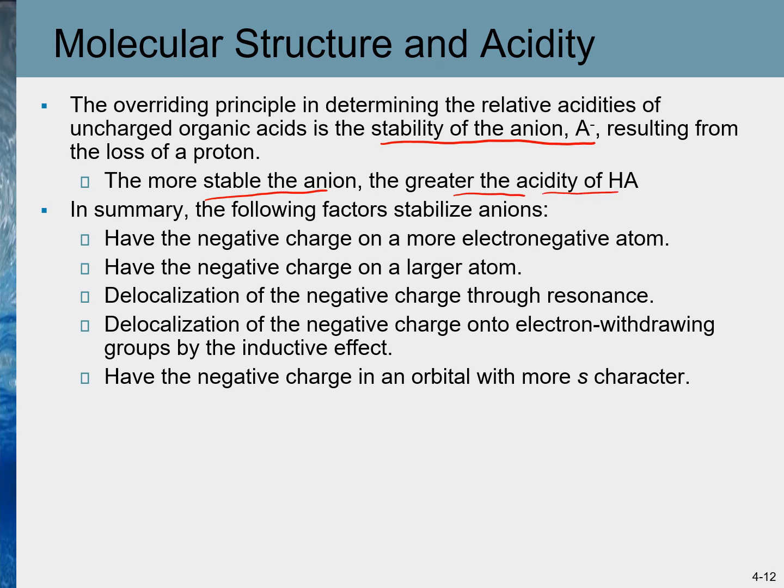In summary, there are 5 factors. The first factor was the negative charge on more electronegative atoms. If the negative charge is on a more electronegative atom, the anion will be more stable, hence the acid will be stronger. The second one was the negative charge on a larger atom. A larger atom makes the negative charge more stable, hence the parent acid from where that anion is formed will be stronger.